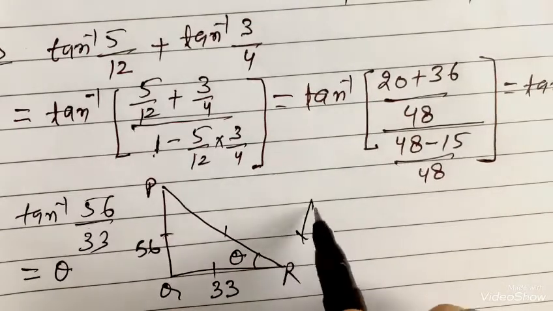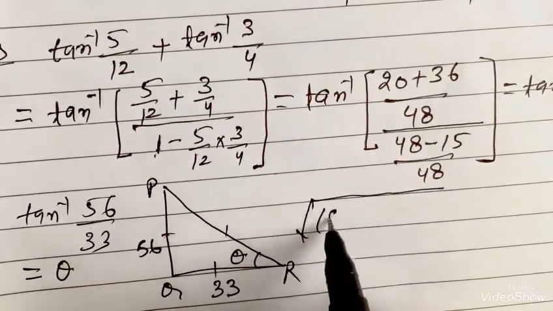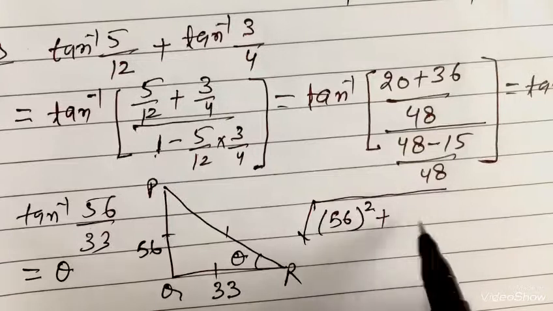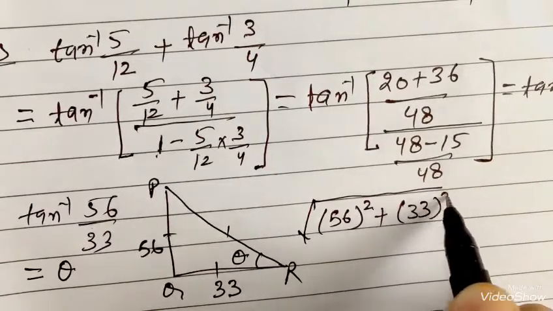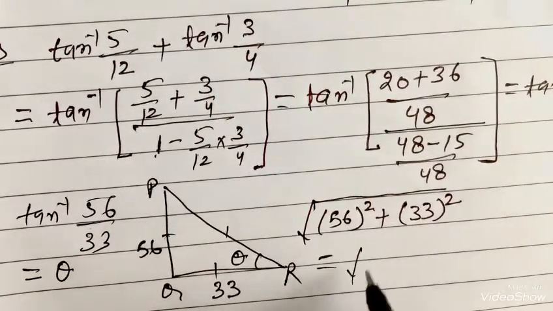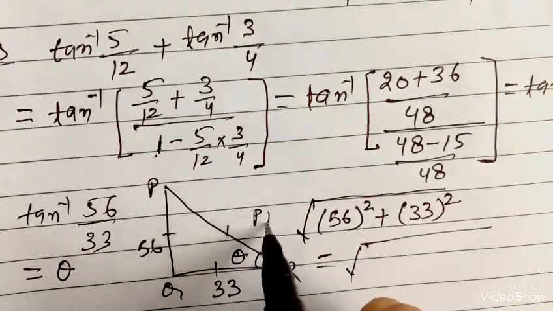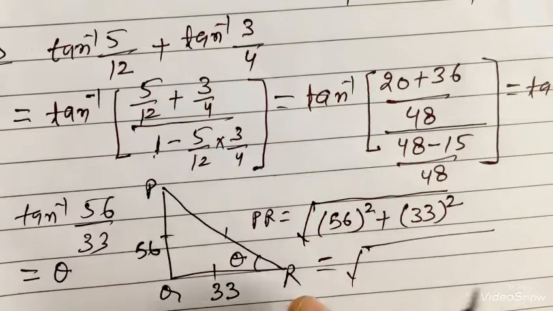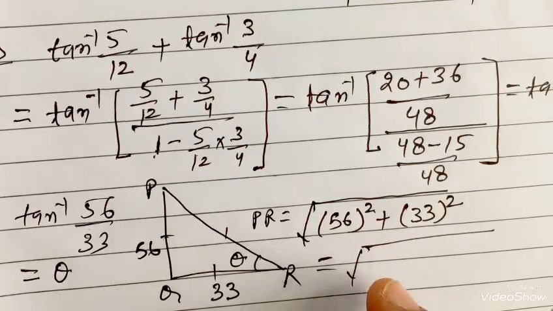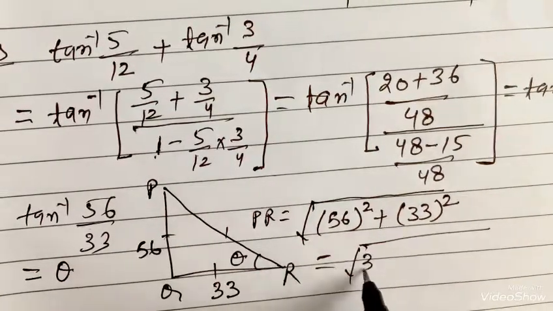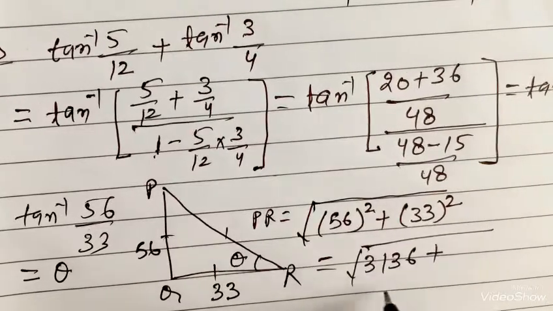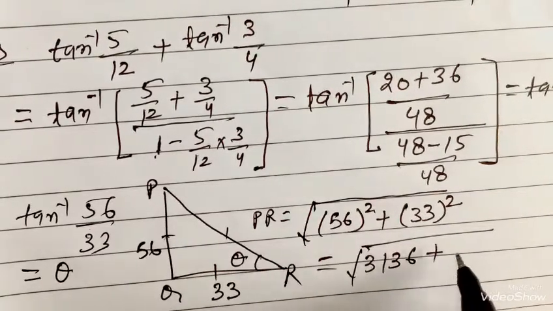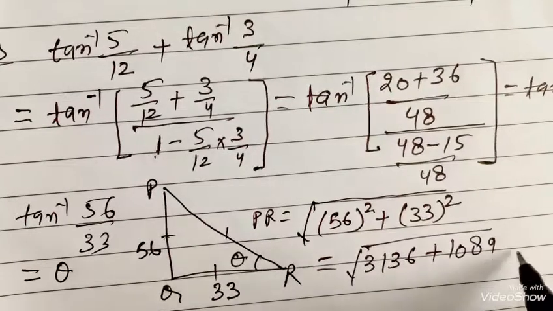So by applying Pythagoras, it's 56 square plus 33 square, and we will get 56 square, it is 3136, and 33 square it is 1089.